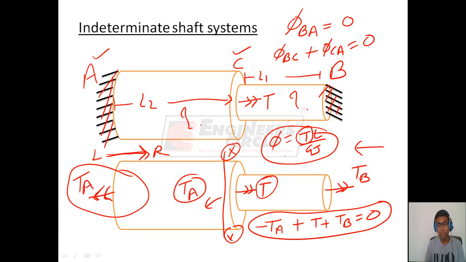Now since there is a new torque acting at this point, we take another cross section here XX. The internal torque in the portion L1 will be given by TA minus T, because this T is acting in this direction. So we can write phi BC and phi CA. Phi BC plus phi CA was 0.